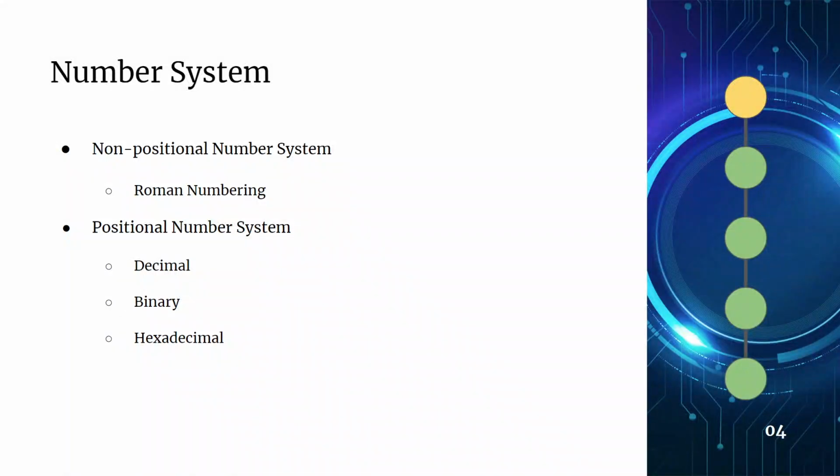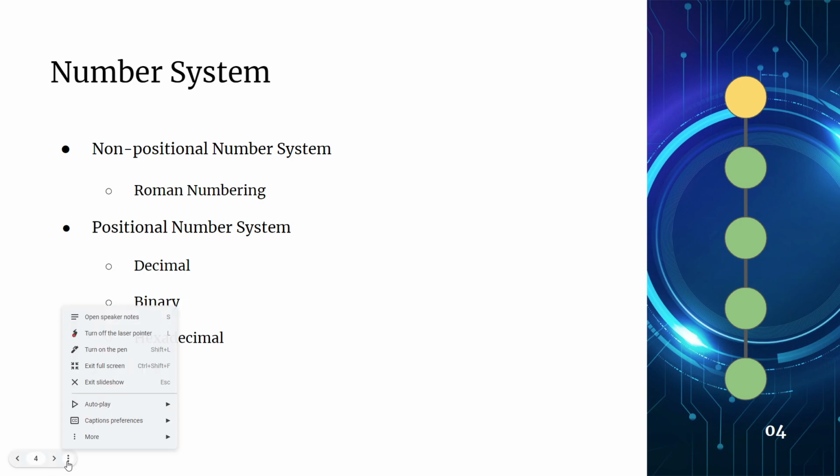Number systems are initially of two types: non-positional number system and positional number system. Non-positional number system, as it is said, does not care about the position of the number. For example, the Roman numbering system.